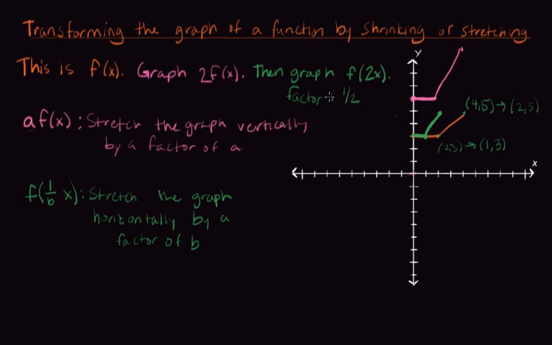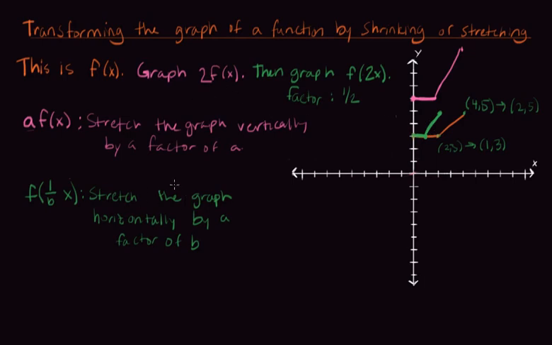Okay, so this is how we shrink and stretch graphs. A horizontal stretch would look like f of 1 over something times x, or some fraction of x, and that would stretch it wider. A whole number in here compresses it, it shrinks it.